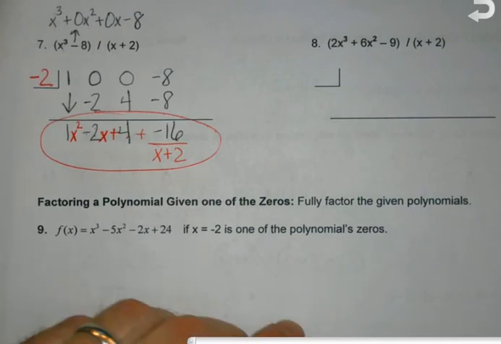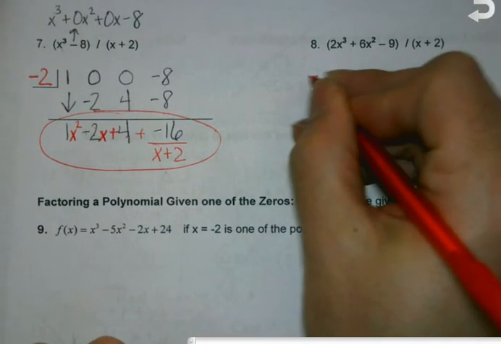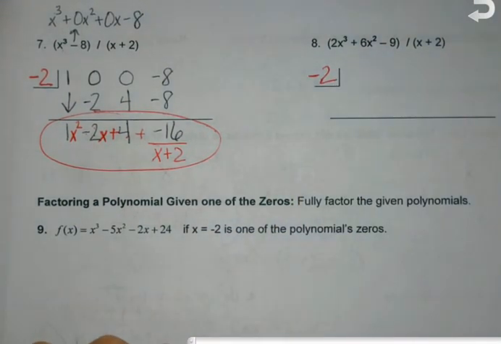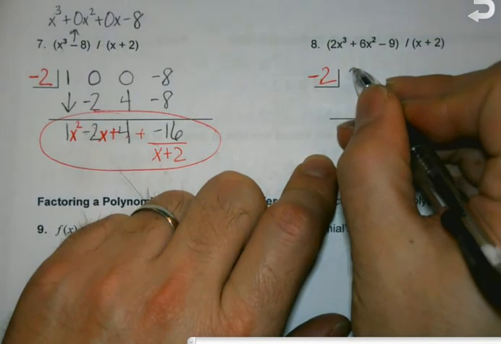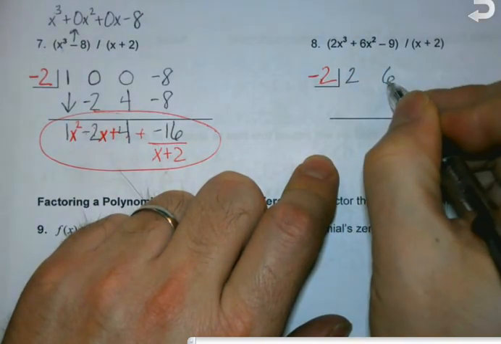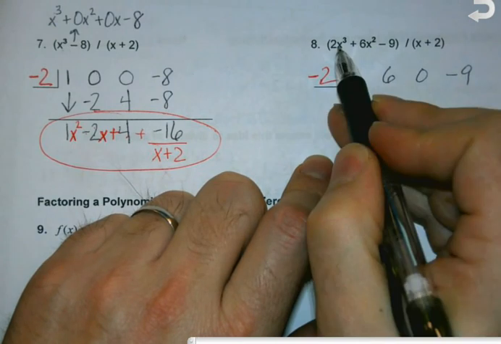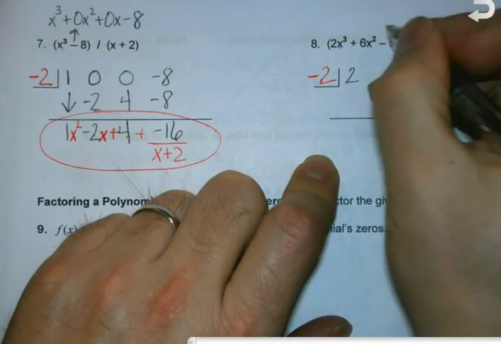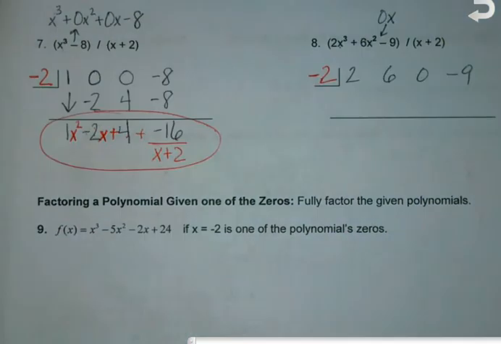One more, we'll see if we've caught on here. What's going in the box? -2. All right, we got that down. What's going in here to the right? So I've got x cubed, I've got x squared. I have to make sure there's a 0x in there. I've got to hold the place.